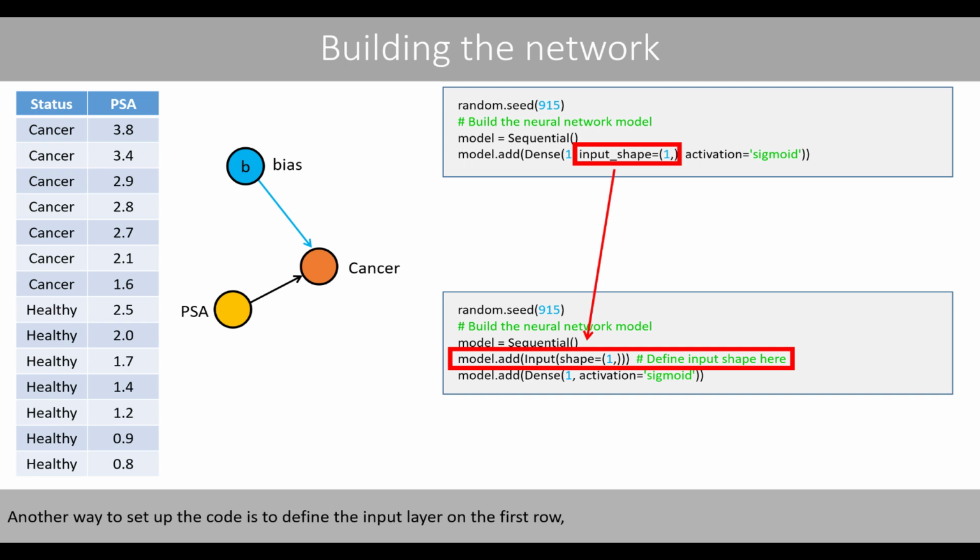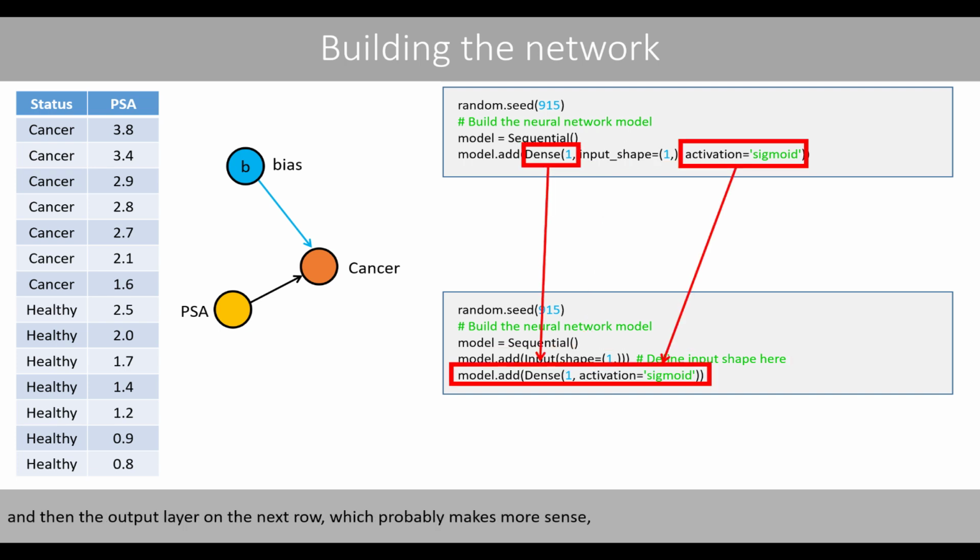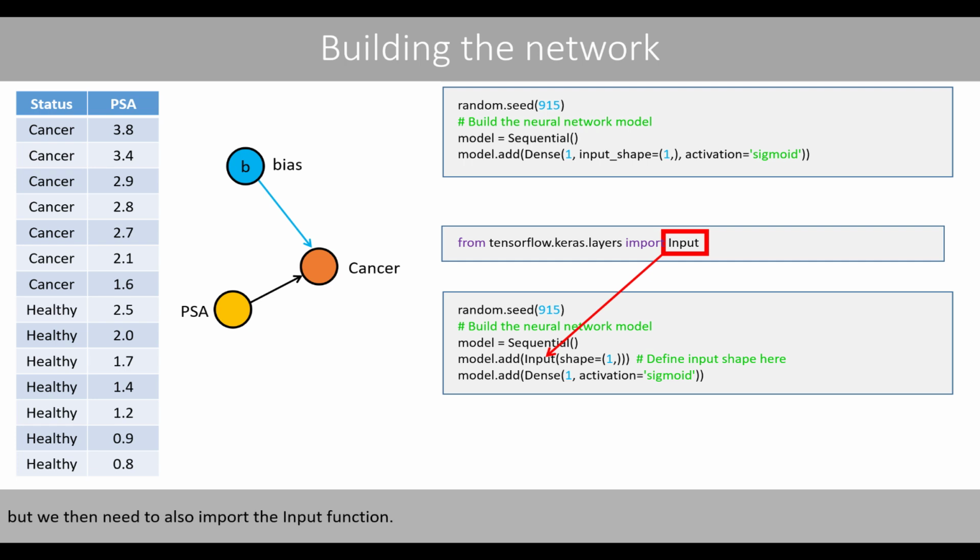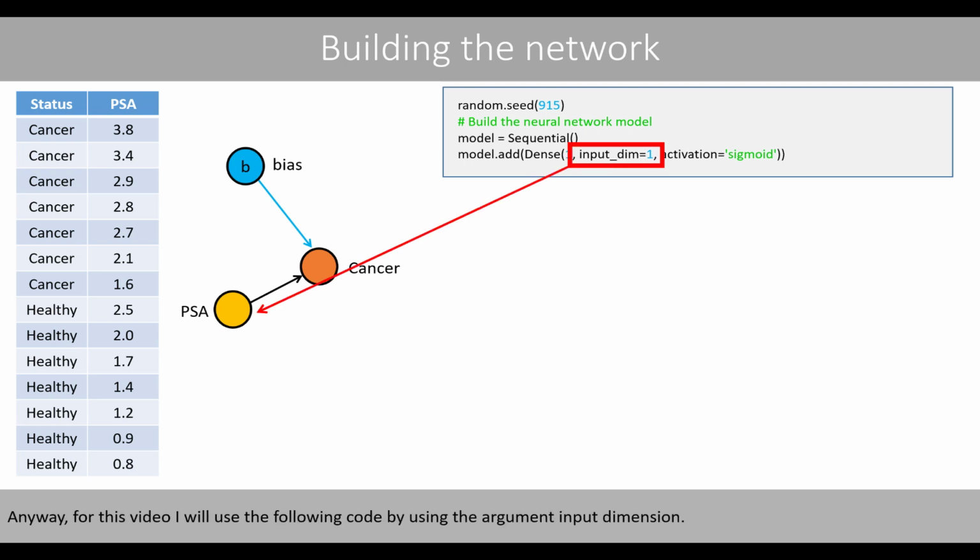Another way to set up the code is to define the input layer on the first row, and then the output layer on the next row, which probably makes more sense. But we then need to also import the input function. Anyway, for this video I will use the following code by using the argument input dimension.